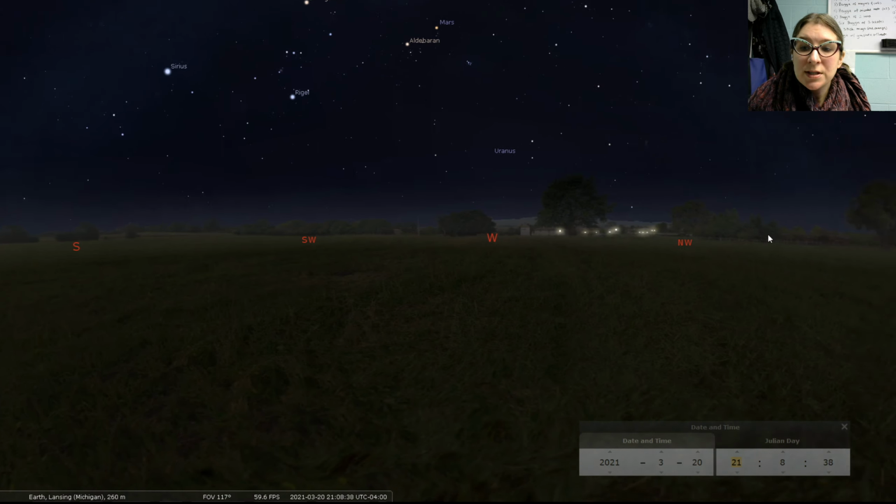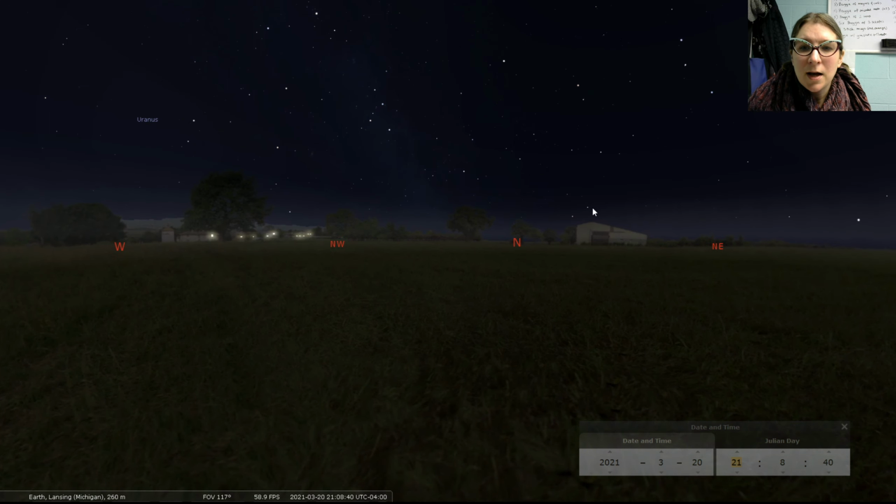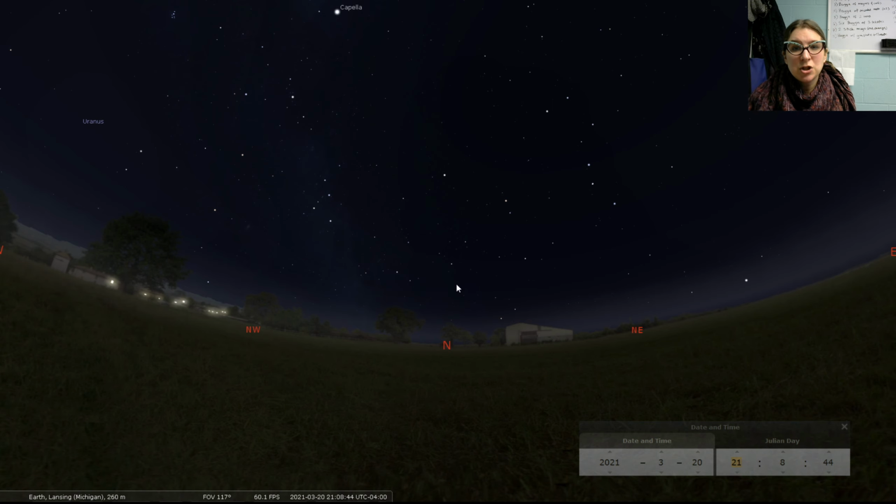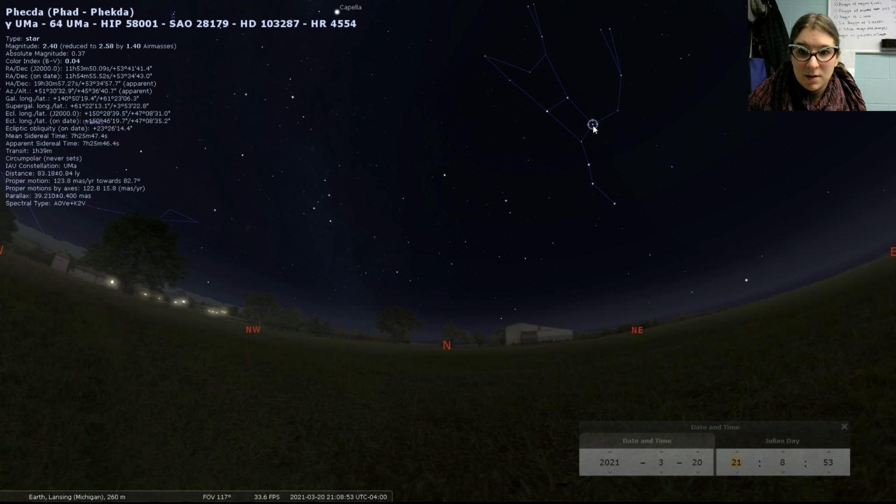So we'll look towards the north. Again, we've talked about this in previous videos, but we do have our constellations. So first let's look for the Big Dipper. See if you find the Big Dipper in the sky. Here is our Big Dipper, and it is part of Ursa Major, the Big Bear.